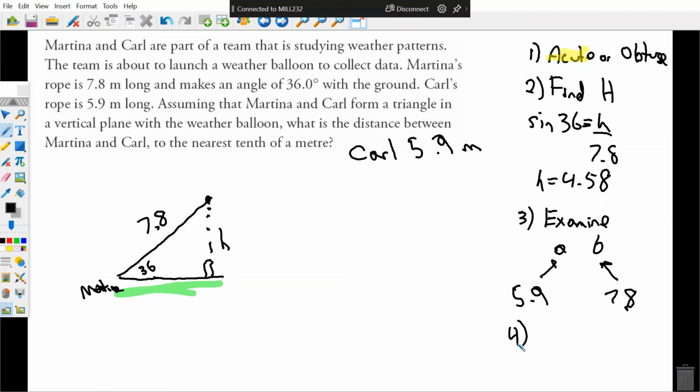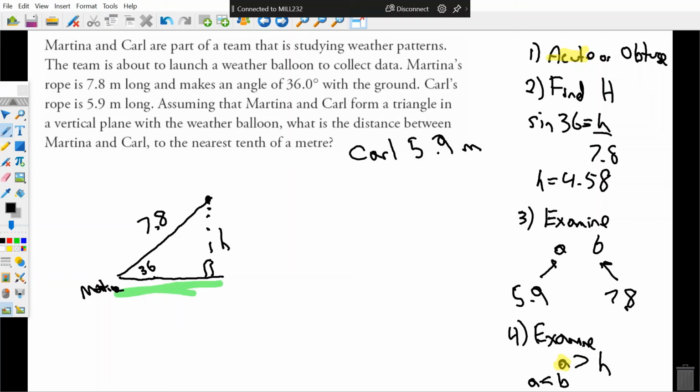So now we examine A and H. Well, A is greater than H, and A is less than B, so this means there's two possible triangles. So now we have to try to draw them.